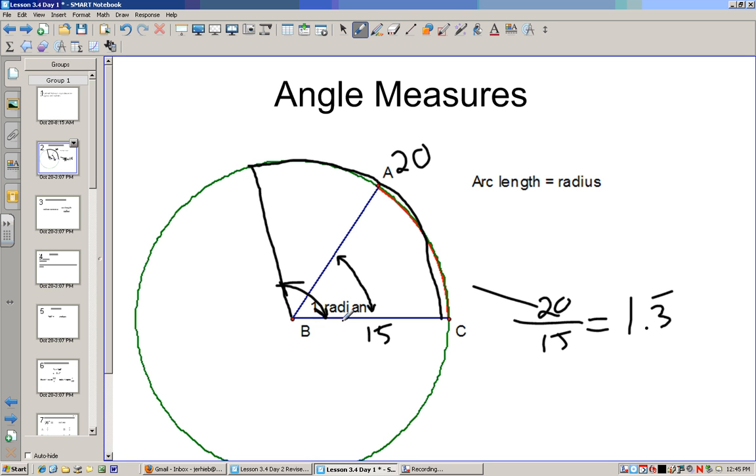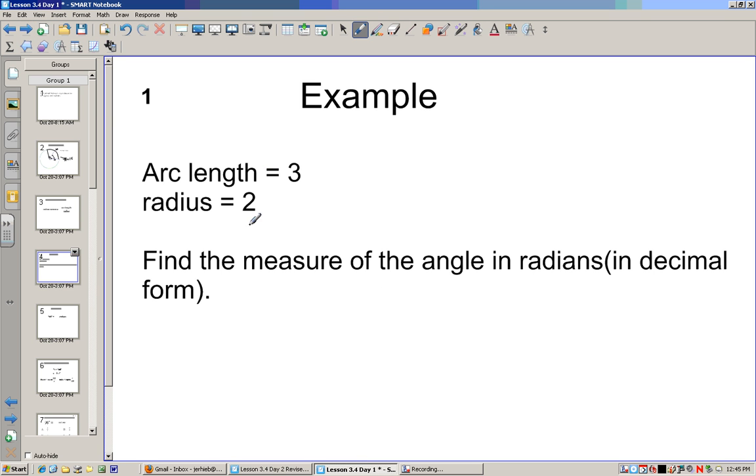So that angle would be 1⅓ radians. So if the arc length is 3 and the radius is 2, the radian measure is going to be 3/2, or 1.5.